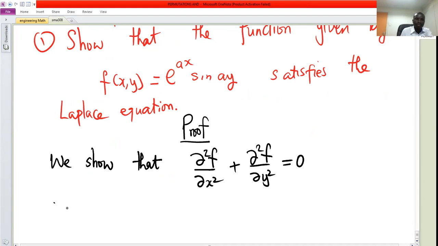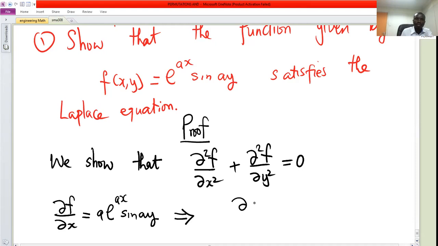So let's get partial f partial x. In this expression, this is the only function that depends on x. So by chain rule, to differentiate this part, we get a, and so we'll have a e raised power ax, and then sine of ay. And then this implies that partial squared f partial x squared will be, now differentiate this one again with respect to x. So differentiating this power, we get a, then multiply by this, we get a squared e raised power ax, and then sine of ay.